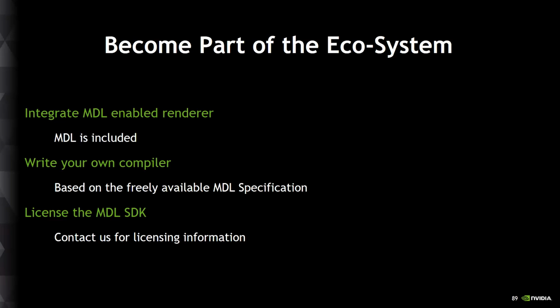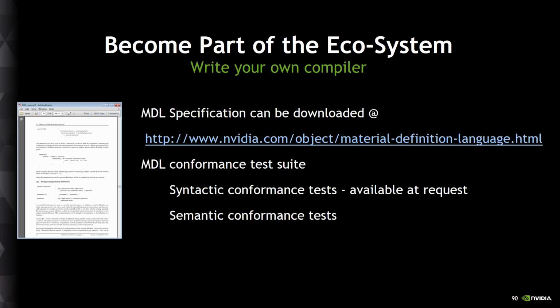And then there is something we call the MDL SDK, which is essentially not freely available, but this is how, for example, Chaos supports MDL. In detail, the MDL specification can be downloaded from that location.